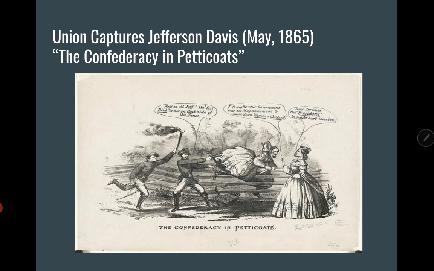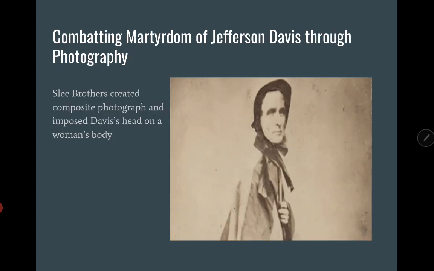Some people, and this was a northern effort, try to paint Jefferson Davis, the president of the Confederacy, as a woman, running away in a dress and a disguise. There was talk where maybe he would go into hiding and fight a guerrilla war for a while, but in the end he doesn't do it. And there's a big question of what are we going to do with Jefferson Davis, and how do we make sure he's not a martyr?